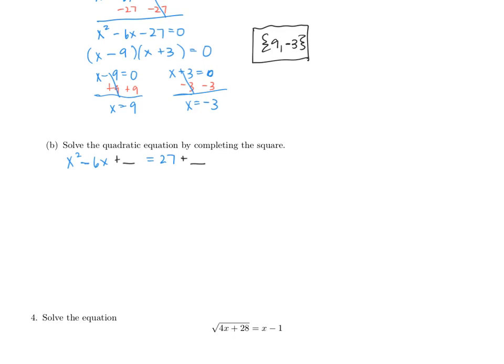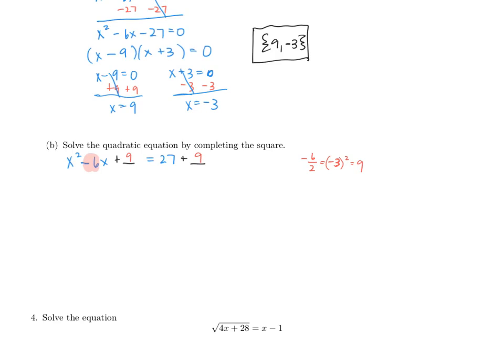You take b, which is the number in front of the x, and you divide it by 2. So negative 6 divided by 2 is negative 3. And then you square it. So negative 3 squared is 9. Since you're squaring it, remember it's always a plus. That's why it's always plus blank on each side. And remember to put the plus blank on each side because that keeps the equation balanced.